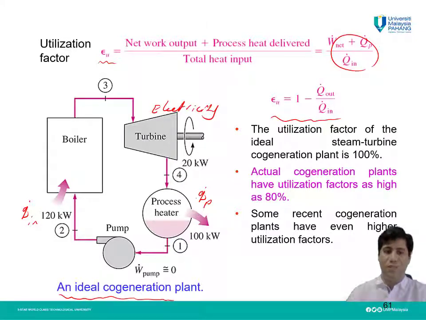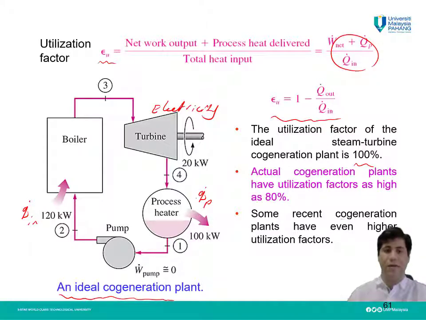In ideal condition, without any loss of heat or thermal energy from the pipeline, or any heat loss from the boiler or turbine and other equipment in this cycle, the utilization factor will be 100%. All of the energy which is given to the system will be converted to electricity and process heat.